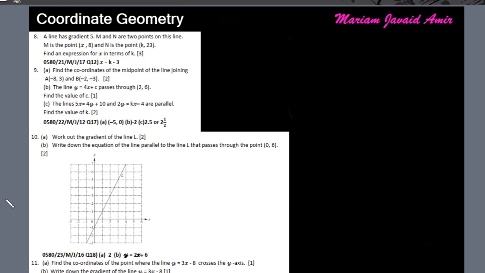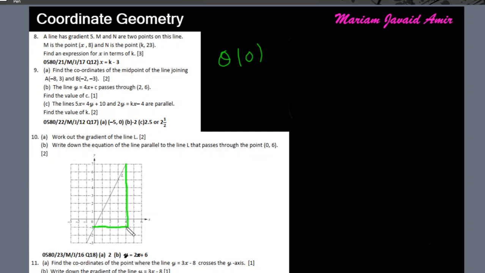Question number 10. Work out the gradient of line L. So gradient is rise over run, so let's take the rise from here and look for a run that has an integer value, this one.